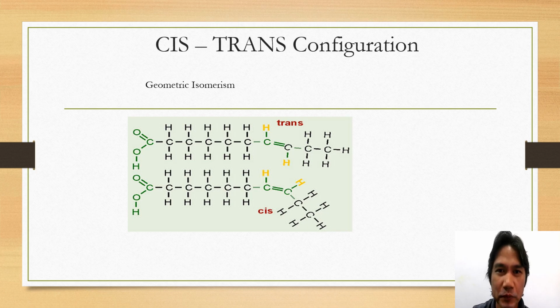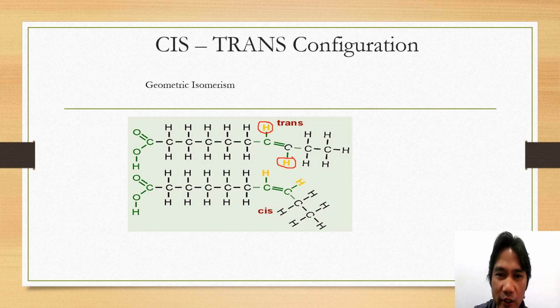Fatty acids can also be in the form of cis and trans. Remember, cis and trans are a form of geometric isomerism. Okay? When we say trans, as I told you before in organic chemistry, the hydrogen atoms in the carbons with double bond are at opposite direction.